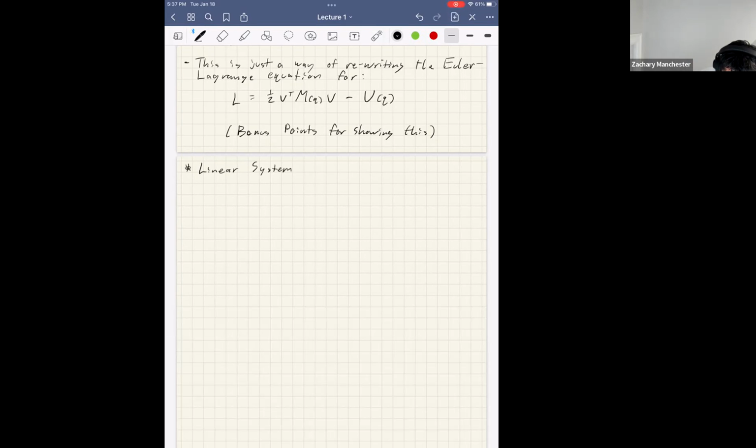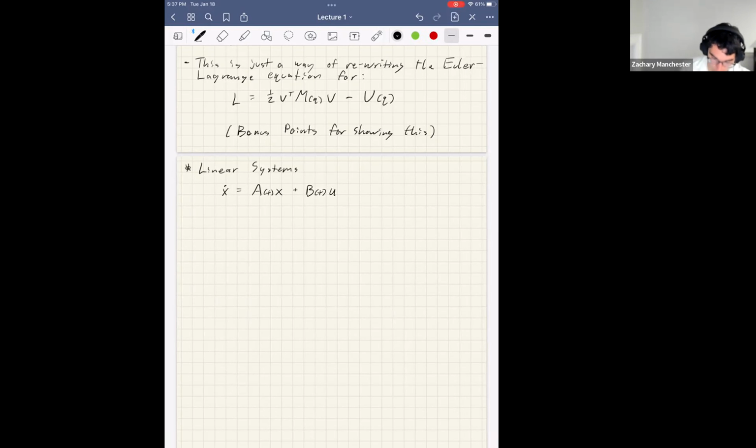We're not going to go that in depth on these, but you should know the basics, just in case you haven't done a ton of this before. So a linear system looks like this: x dot equals A(t) x plus B(t) u, where A and B are matrices.